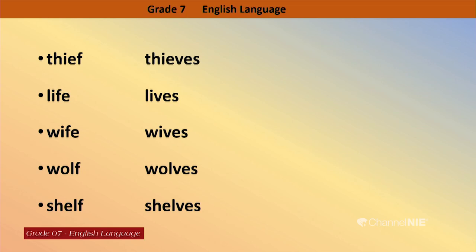Look at the words. See the spellings, how they are written. Thief. The F is at the end, therefore, thieves. Instead of F, we add V and ES.